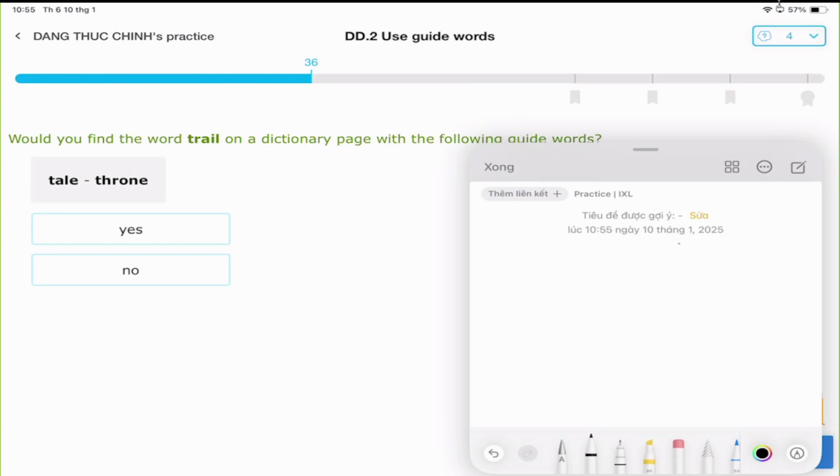Since I have my own board here, I'll write out the whole alphabetical order, so when we do this, it will be easier.